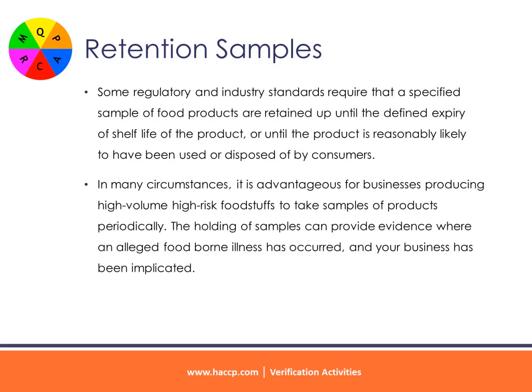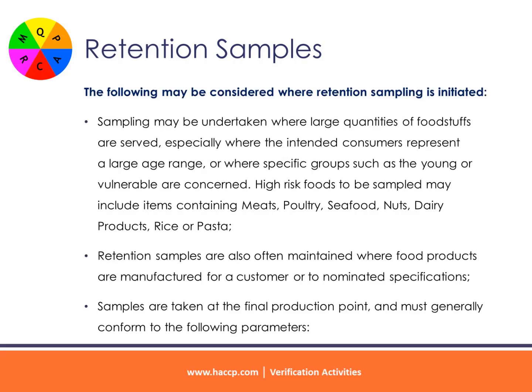In many circumstances, it is advantageous for businesses producing high-volume, high-risk foodstuffs to take samples of products periodically. The holding of samples can provide evidence where an alleged foodborne illness has occurred, and your business has been implicated. The following may be considered where retention sampling is initiated: Sampling may be undertaken where large quantities of foodstuffs are served, especially where the intended consumers represent a large age range, or where specific groups such as the young or vulnerable are concerned.